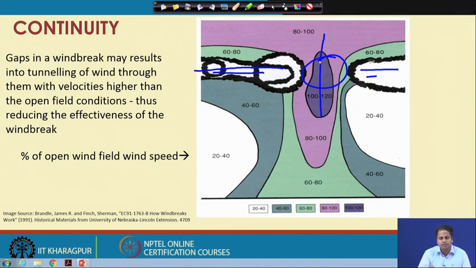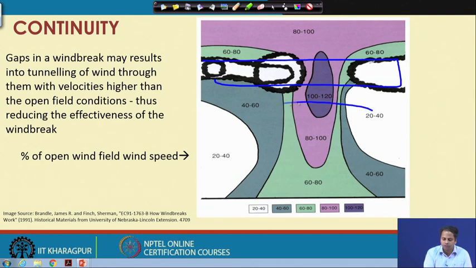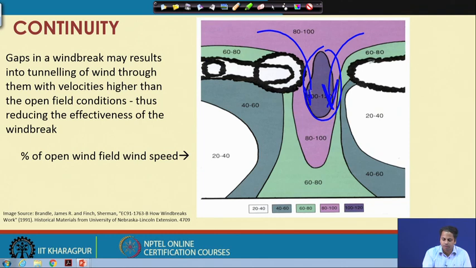These numbers represent the percentage of wind velocity compared to the open wind field condition. Here the wind speeds are more than the actual wind speed in the open field, that is 100 to 120%. If you had constructed a continuous windbreak, we would have achieved a greater reduction in wind speed over this region. But because there is a gap here, the winds are approaching at very high speed, and the effect of the windbreak is less over this region.